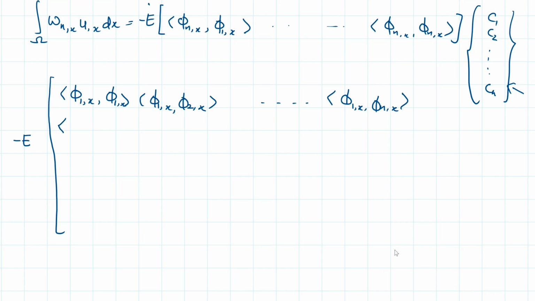Similarly, the second row of the matrix would be the second equation, for which our weight function was phi2, so we'll write the following inner products.